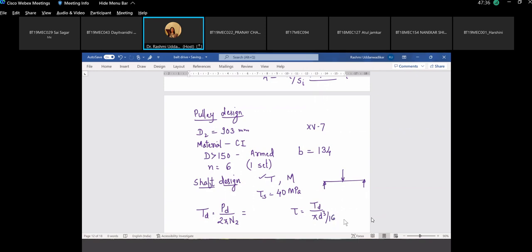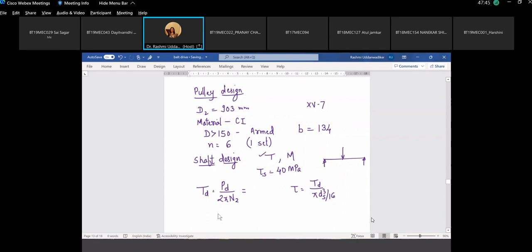Use proper, consistent units, where d is the shaft diameter. Give me the value of TD, give me the value of shaft diameter in millimeters.